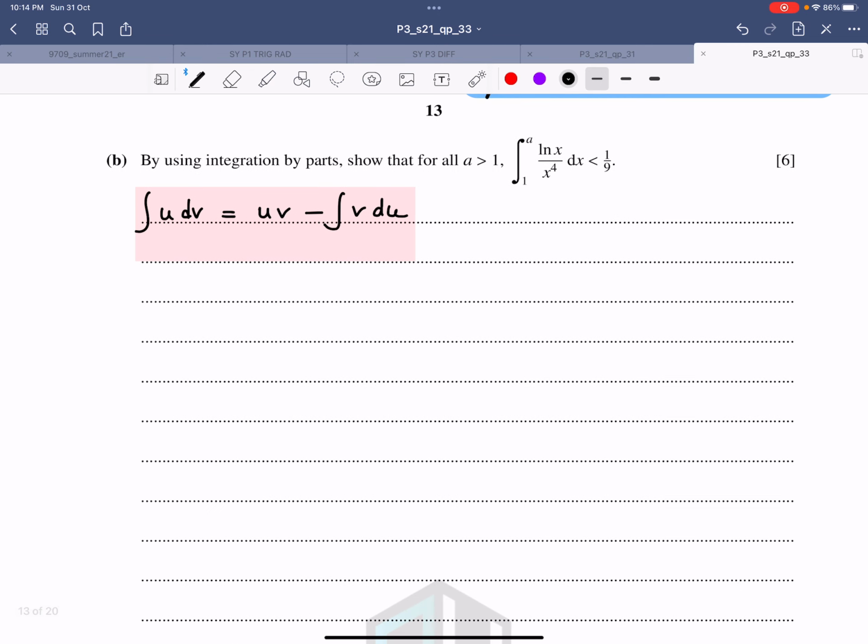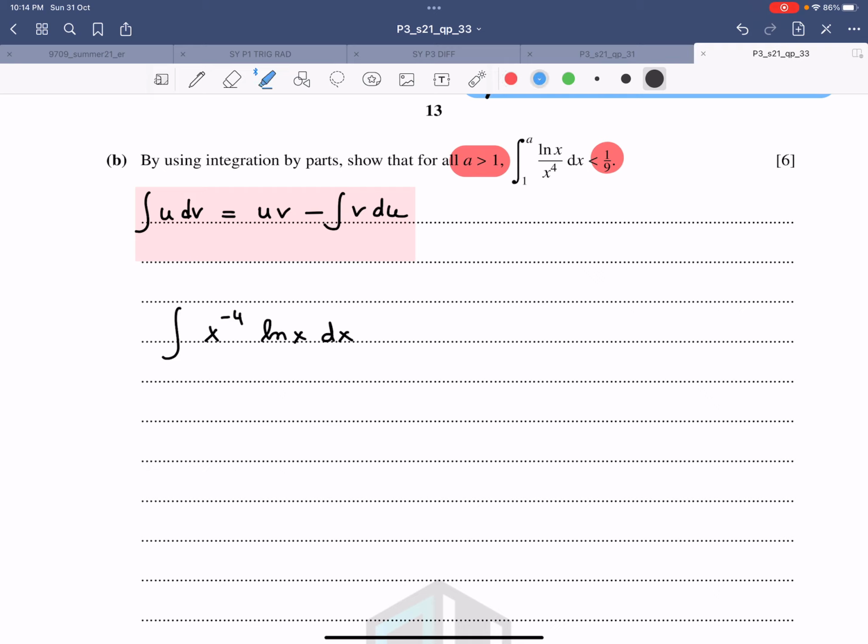That means, therefore, first of all, I should write this as integral x to the power of minus 4 times ln x dx. And we will worry about all the other details such as the limits later on. First, focus on doing the integration.